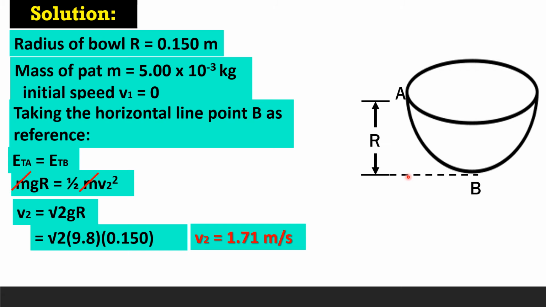You don't need the forces that must be acting on the pat of butter as it moves or slides across this curved path, which usually is what is considered when you are applying the concept of Newton's laws of motion, the second law, and so on. But that's quite difficult to comprehend.